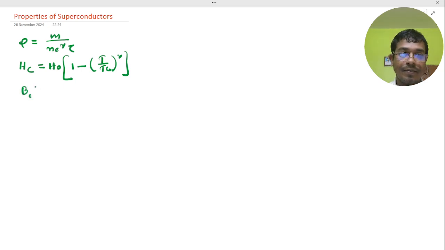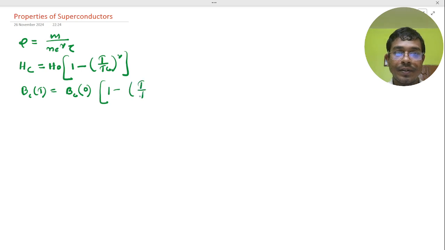Like that, Bc as a function of T is Bc 0 times 1 minus T by Tc whole square, and the critical current density Jc is 2 Hc by R.